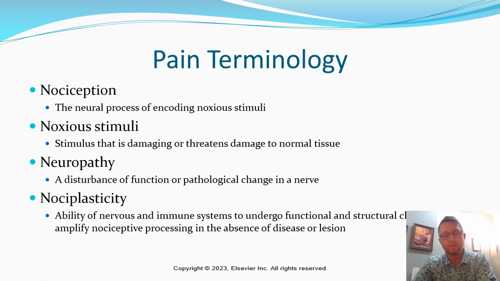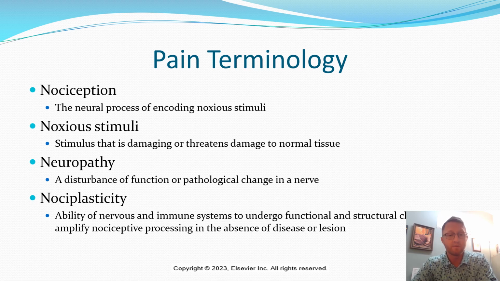And a lot of the times for our patients that do have diabetic neuropathy, they're going to be numb to this kind of noxious stimulus. So it's not uncommon for a patient that comes in with diabetic neuropathy to have sores on their feet. Maybe they stepped on a tack or something along those lines and they never felt it.